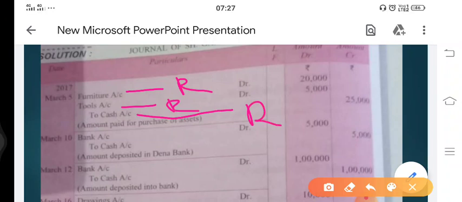The rule says debit what comes in and credit what goes out. So the real that is coming into the business has to be debited, and the real that is going out from the business has to be credited. So we pass the journal entry: furniture is coming into the business, furniture account debit. Tools coming into the business, tools account debit.